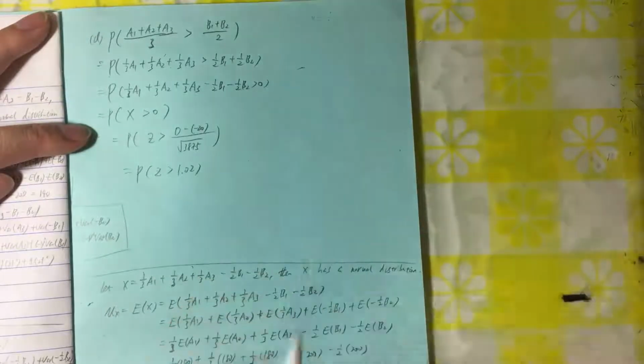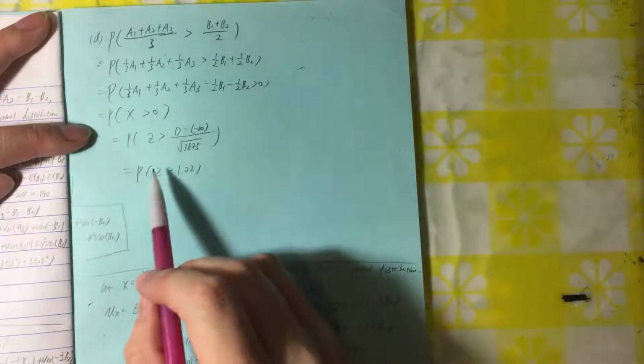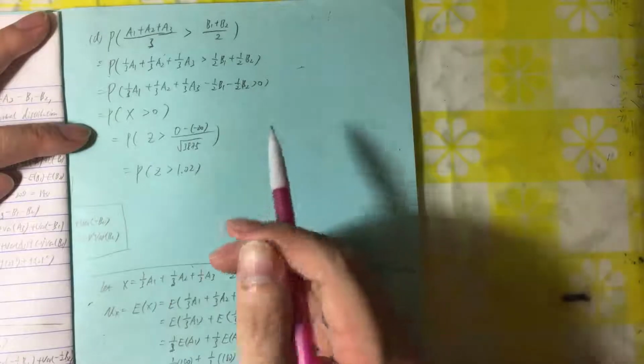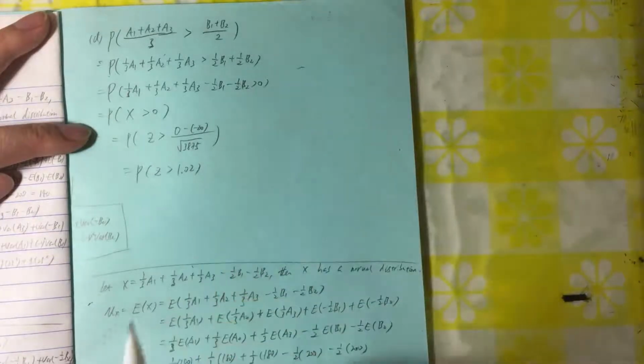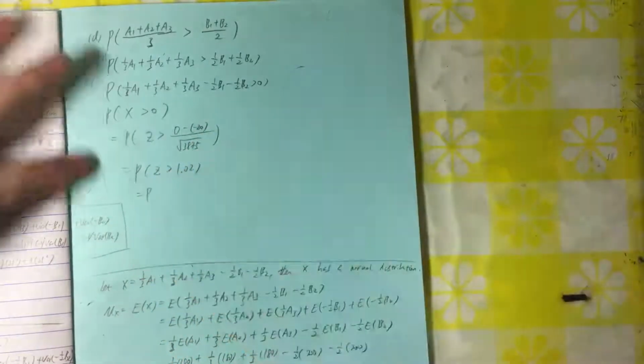In order to use the table of the standard normal CDF, I must rewrite the probability in terms of the probability that Z is less than or equal to some constant. So here I can use the complement.